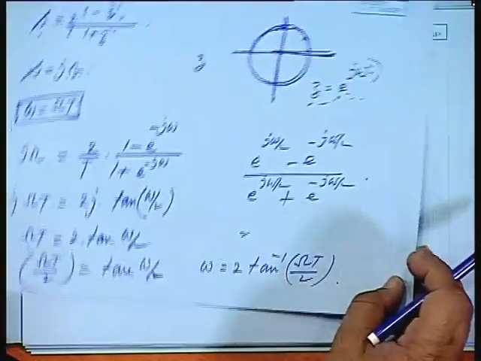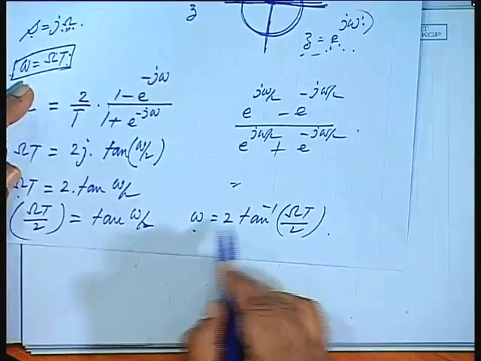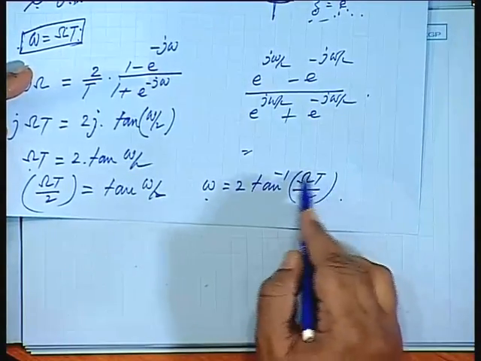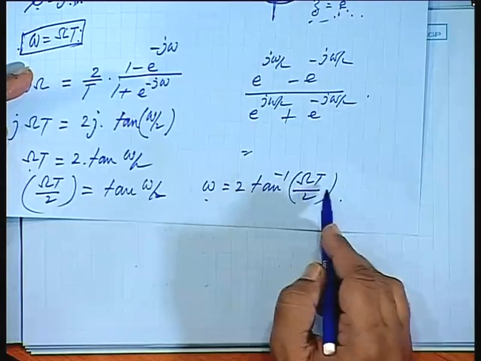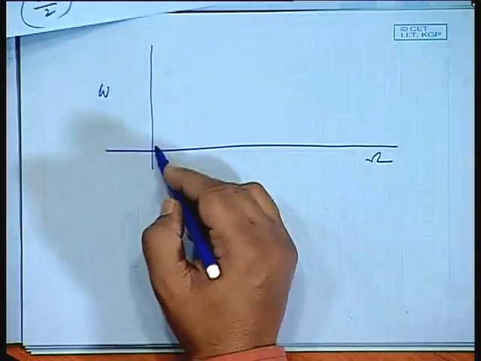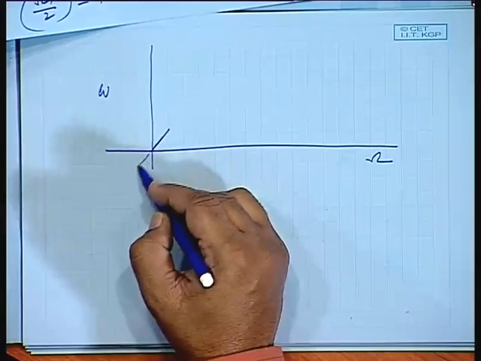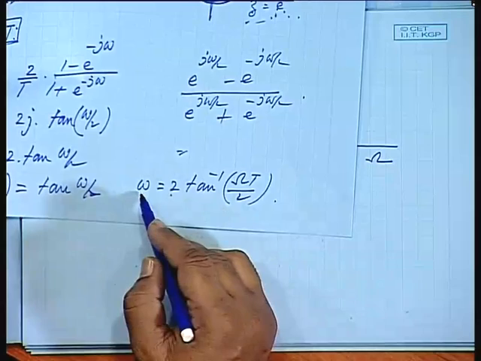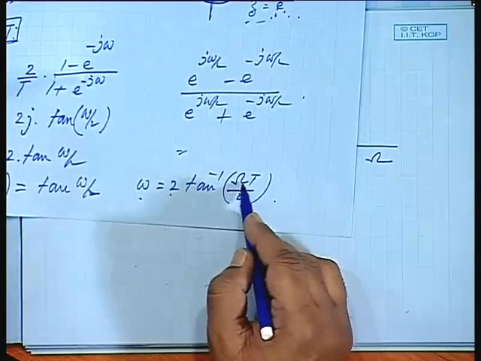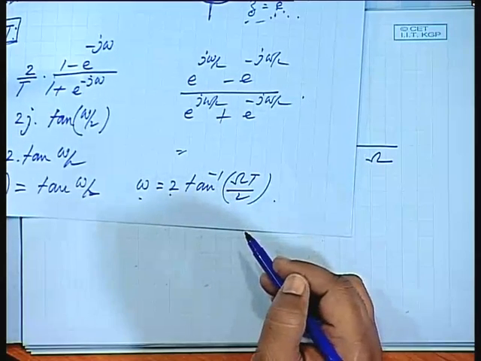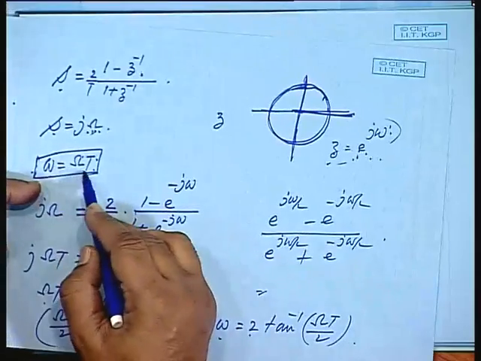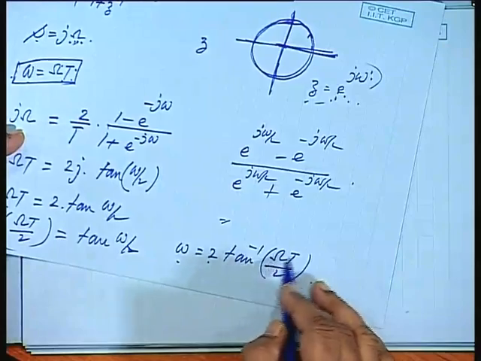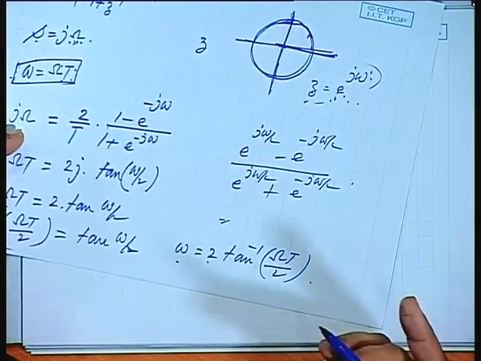This is what we have re-derived. Anyway, when omega is very small, this is a small quantity, tan inverse x tends to x. So, it will be a straight line, 2 times x by 2. So, basically omega is equal to just capital omega T. This is the ideal relationship, but when omega tends to infinity, this becomes tan inverse infinity, which is pi by 2.